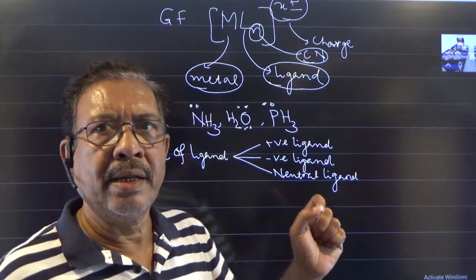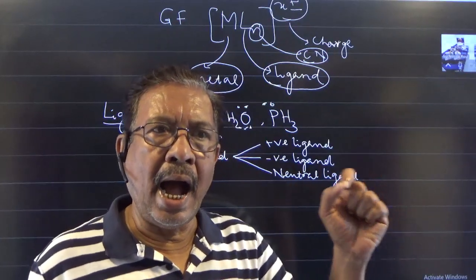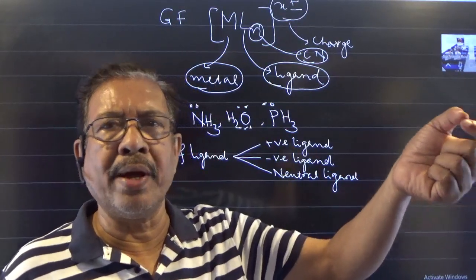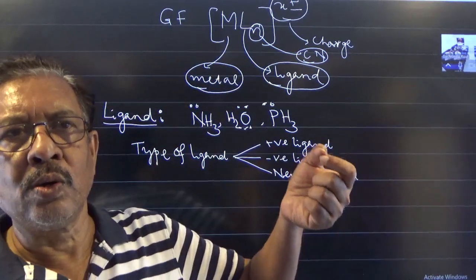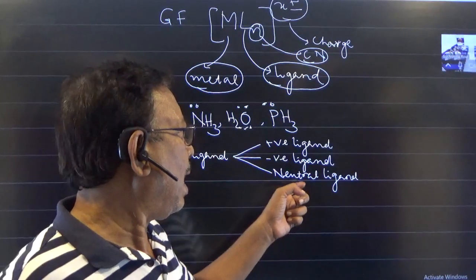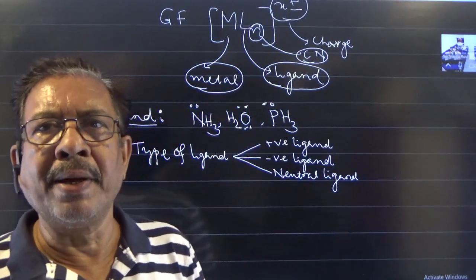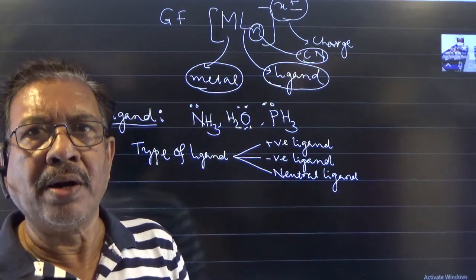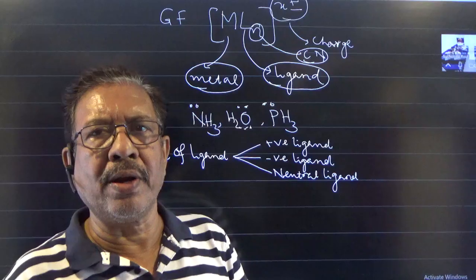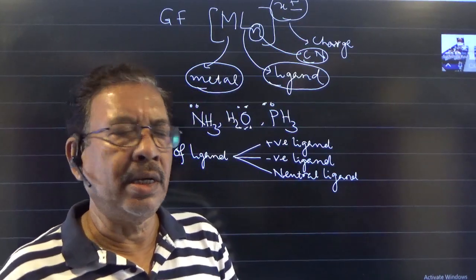A negative ligand is a ligand having negative charge and also donating the lone pair of electrons to the central metal cation. A neutral ligand has no charge, but it can donate the pair of electrons to the central metal cation.